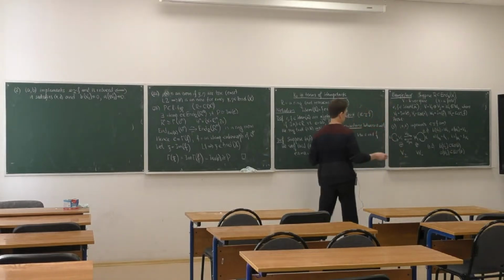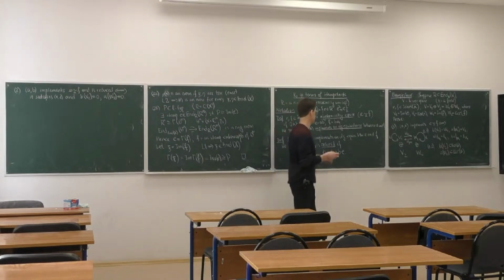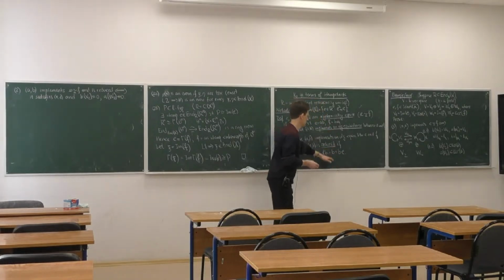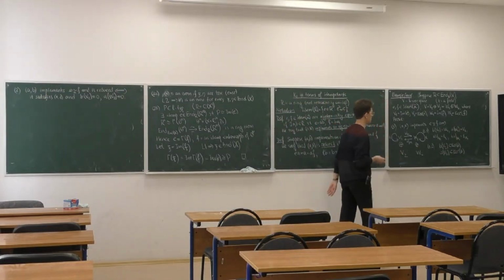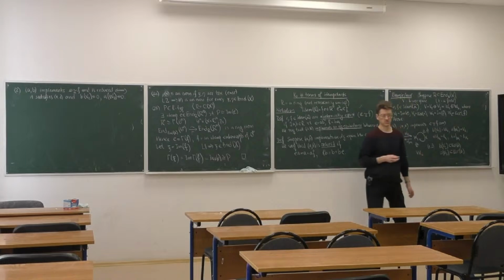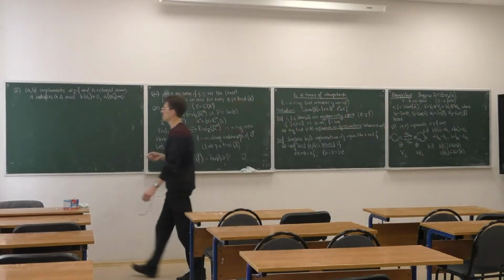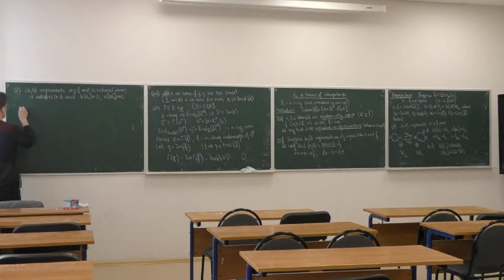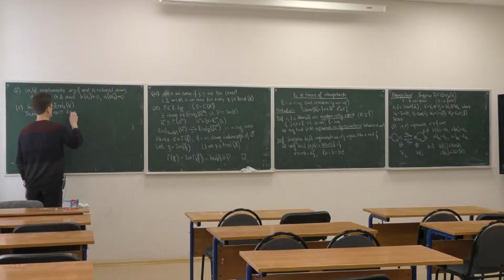This is a simple exercise in linear algebra, which is more or less immediate from this definition. So these algebraic equations are equivalent to this geometric picture in the case where R consists of endomorphisms of a vector space. So as a corollary, this is part 3 of this exercise. Suppose that R is exactly the ring of linear operators on V. Then E and F are algebraically equivalent if and only if the dimensions of their images are the same.